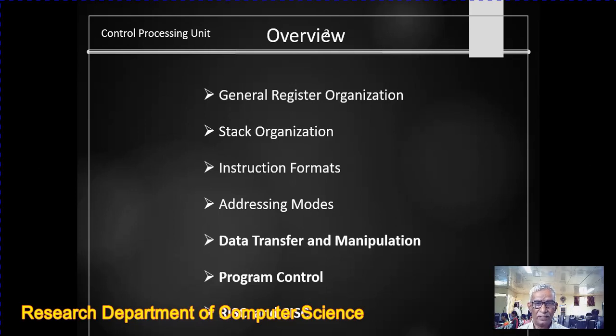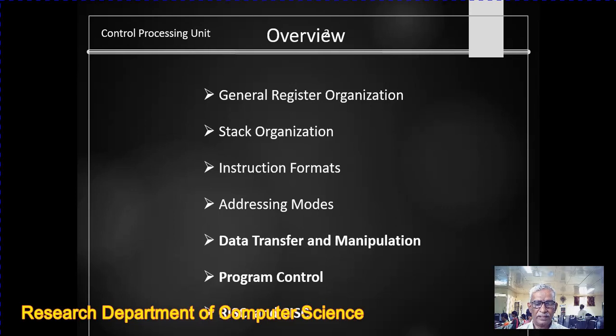And then stack organization. This is an organization used to store the information in a stack method. The operation of a stack is LIFO, last in first out. And then instruction format: each instruction must have certain formats, like 16-bit formats.